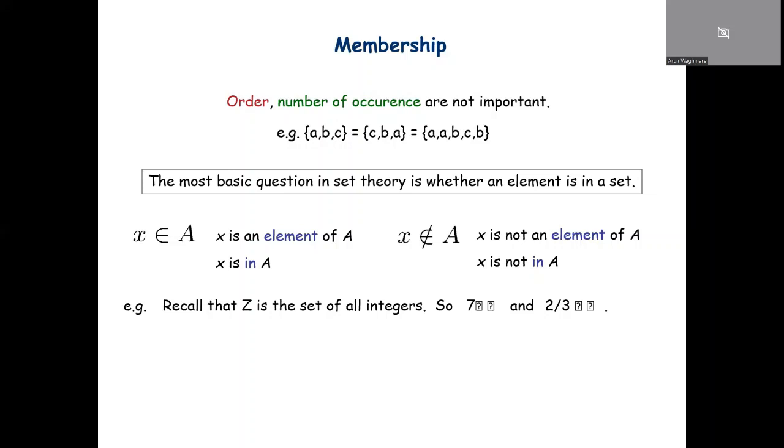The most basic question in set theory is whether an element is in a set. If an element is in a set, how do we represent that? If an element is not in a set, how do we represent that?